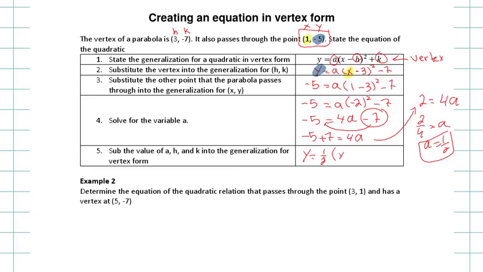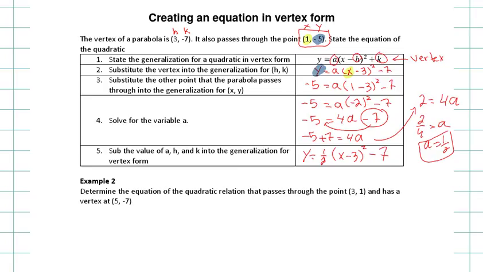Does this look like the questions that you got on a quiz, where it gave you this and told you to state the transformation, or what is your vertex, your x-intercept, your step pattern? They usually give you this and ask you to do everything. But right now they've given you the vertex and another point, and they ask you to solve for this.